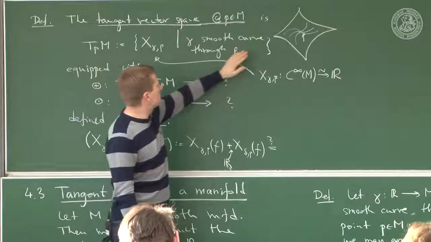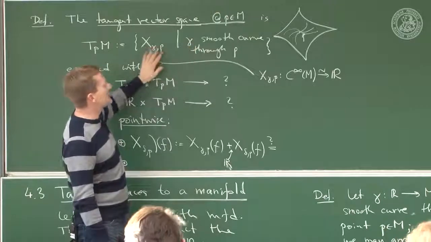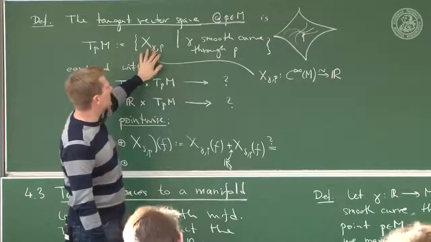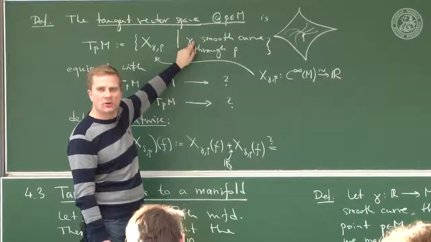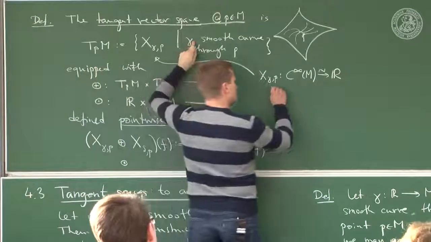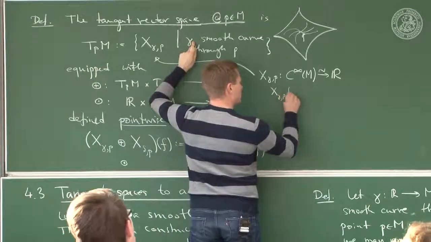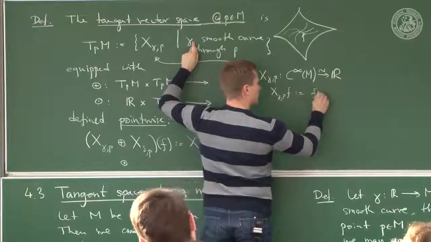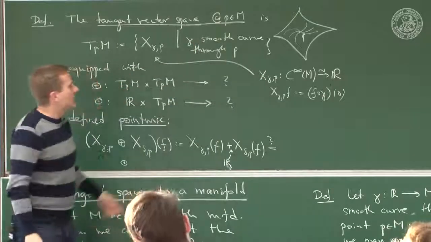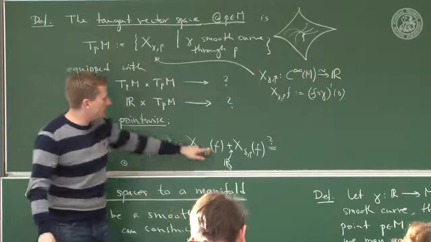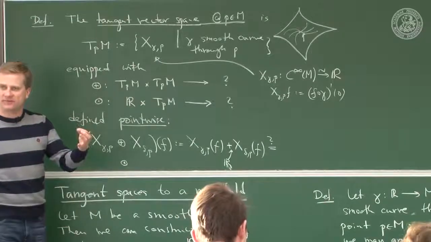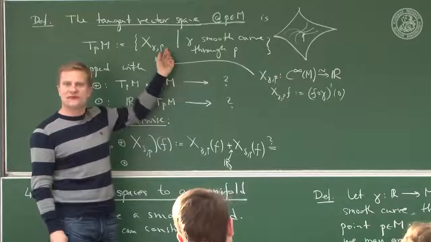That's not in doubt. But this only takes care of the definition up to here. If you really look at this, you're going to say, hang on, it's not just any linear map from C infinity M to R, but it's a linear map that has been constructed from a curve through the point in a very specific way, namely in the specific way that x gamma comma p f is actually given as f after gamma, derivative at 0. Which means we need to find for this sum the underlying curve that produces this tangent vector.